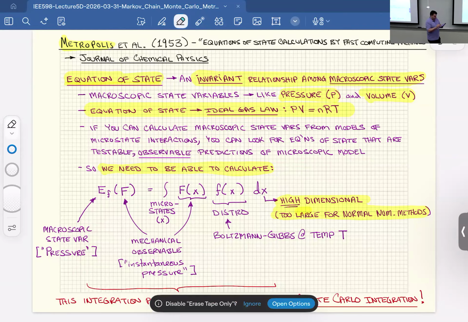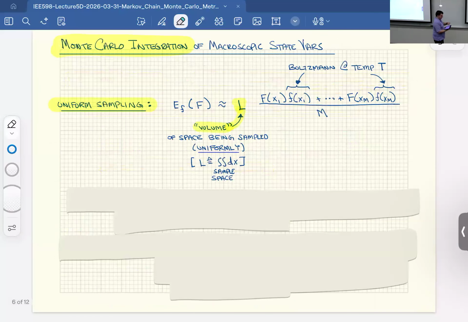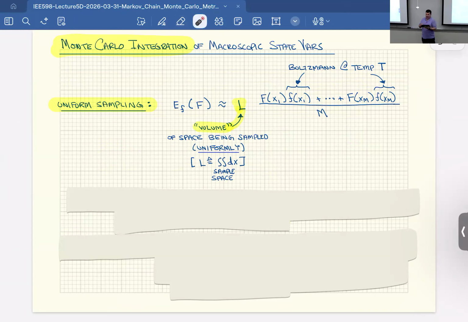And so you can solve this by randomly sampling from this high dimensional space. But then the question is, how many samples do you need? So with Monte Carlo integration, like we just talked about, if we do uniform sampling, then we would uniformly sample from all of our microstates. So we have some volume of our microscope.